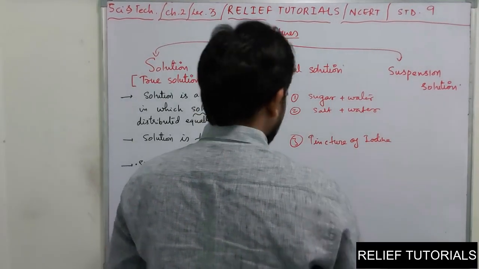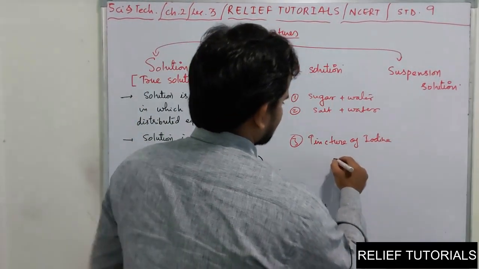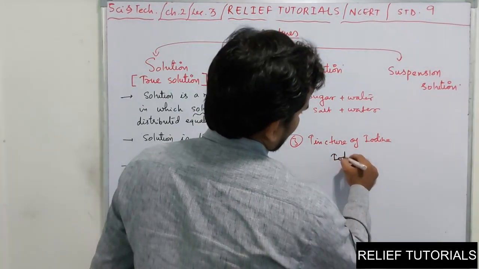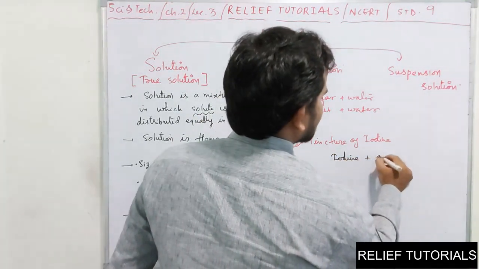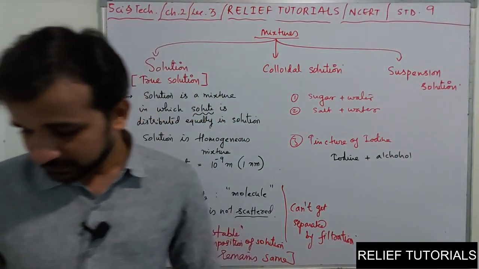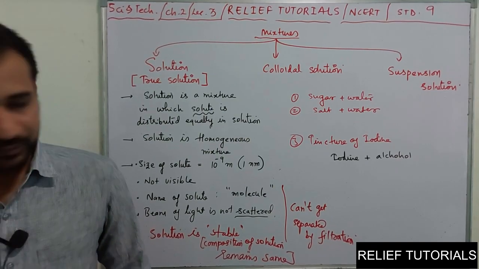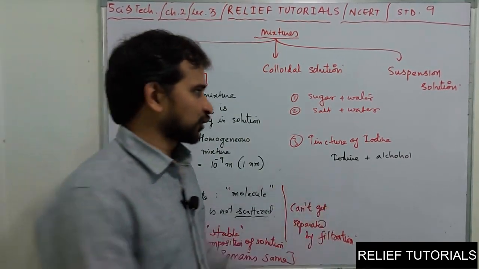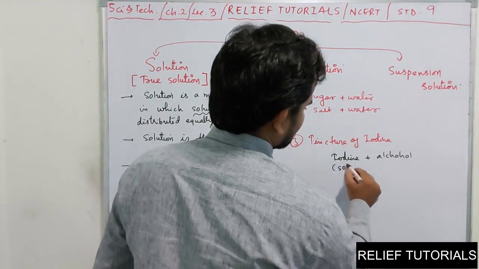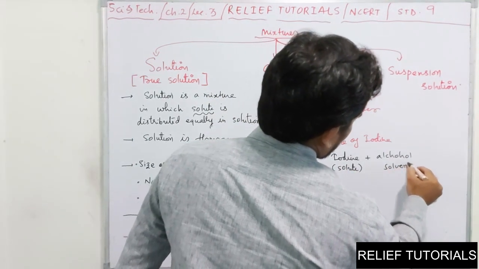Tincture of iodine means it is actually iodine plus alcohol. This mixture is called tincture of iodine. Iodine is the solute and alcohol is the solvent.